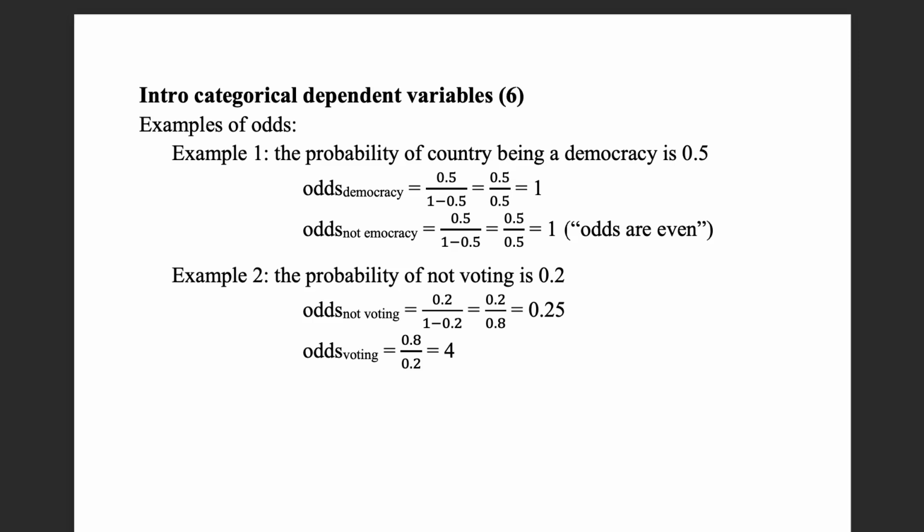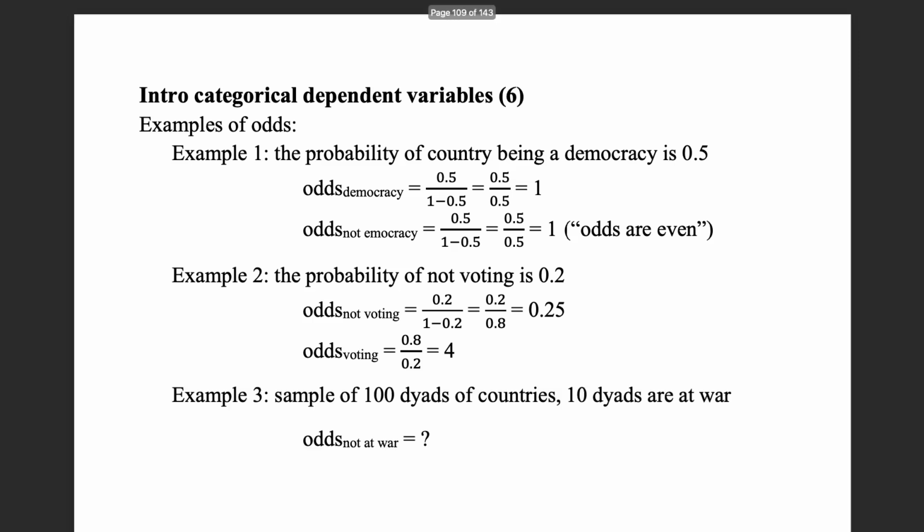And then dividing 0.8, the probability of voting, by the probability of not voting, 0.2, works out to 4. So basically it is 4 times as likely that people do in fact vote than that they do not vote. So that's how you can interpret these odds: how relatively likely is it that whatever the event is that we're analyzing happens, compared to how unlikely it is that that event happens. One more, just for practice.